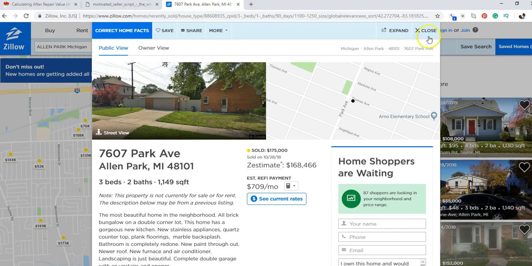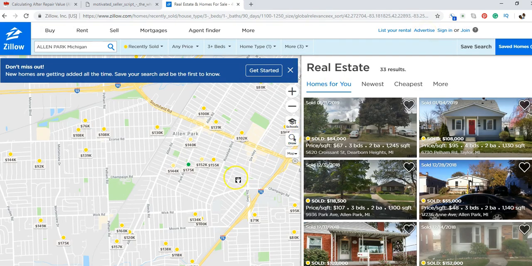Be realistic. Give them an accurate comp on similar houses, same square footage, same number of bedrooms, number of bathrooms, and all that. And just because one sold for a lot more, don't assume that yours is going to sell for a lot more. You don't know what kind of level of rehab they're going to do.